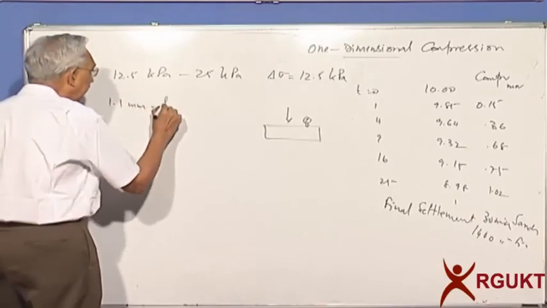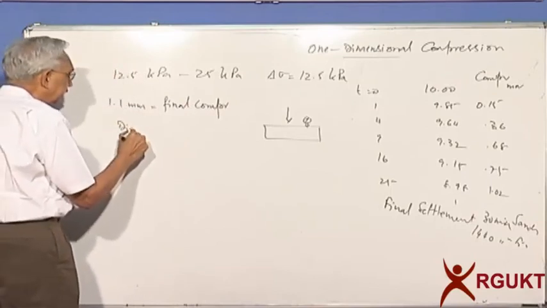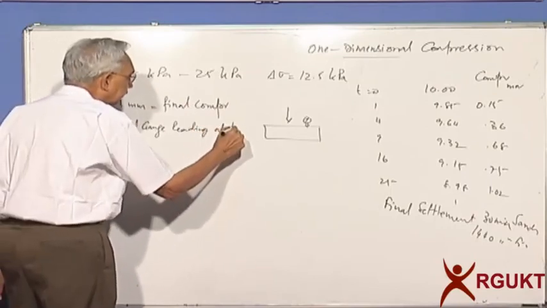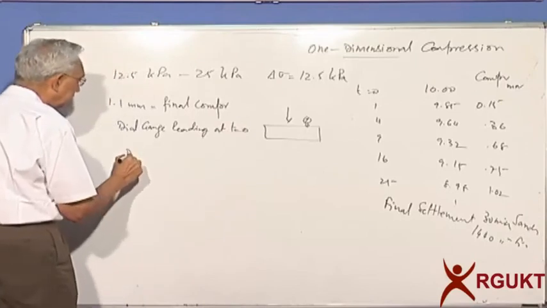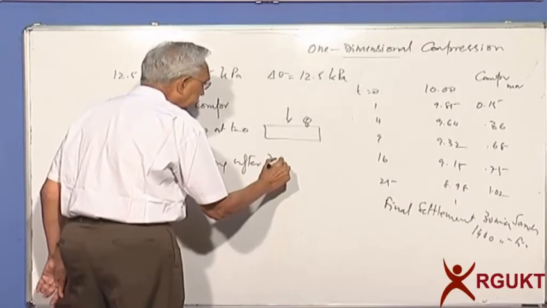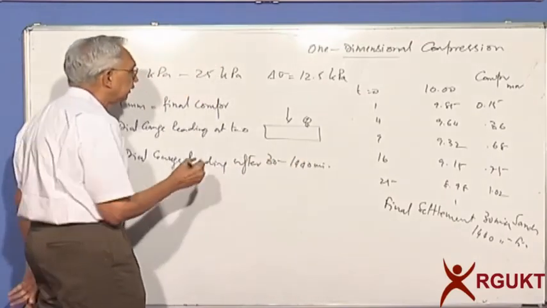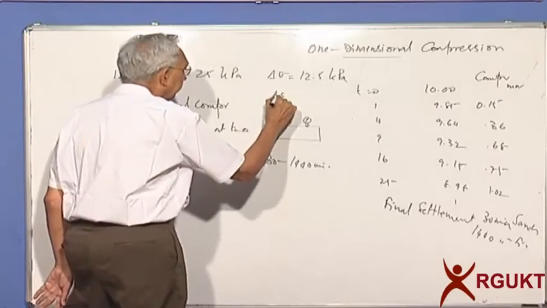This is the final compression. That means dial gauge reading at T equal to 0 minus dial gauge reading after either 30 minutes or 1440 minutes. That gives me the compression. So let us say it's equal to delta S.